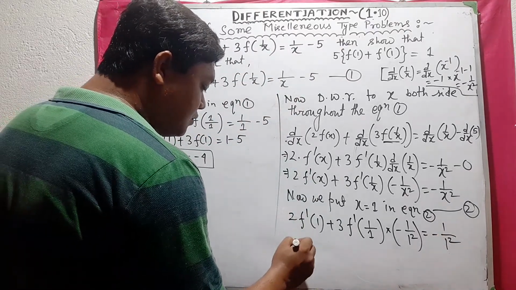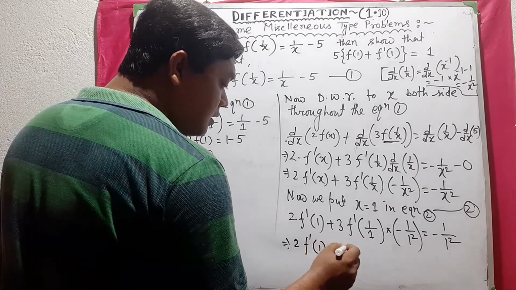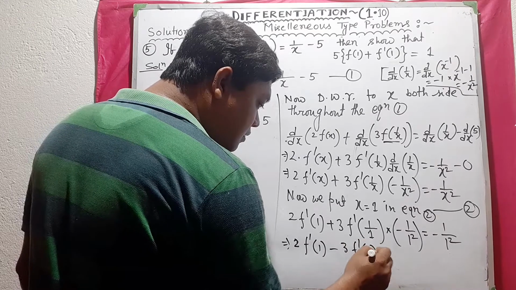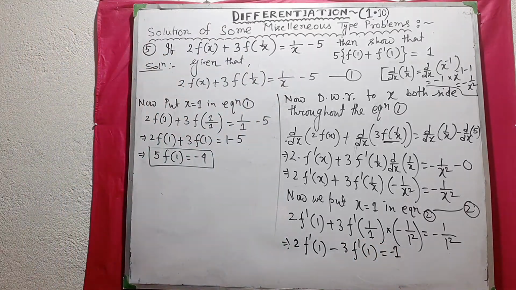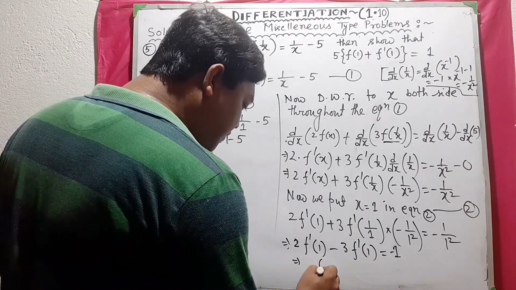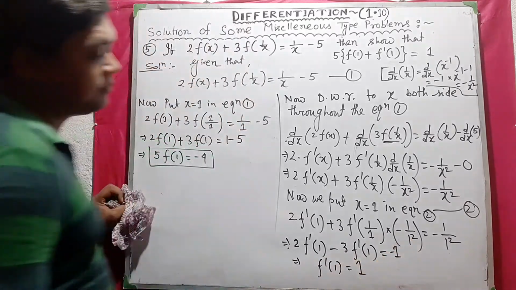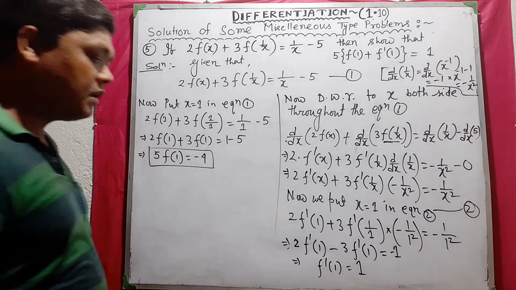So that gives 2f'(1) minus 3f'(1) equals to minus 1. Am I right? Equals to minus 1. So f'(1) equals to plus 1. Clear? f'(1) equals to plus 1. Clear?